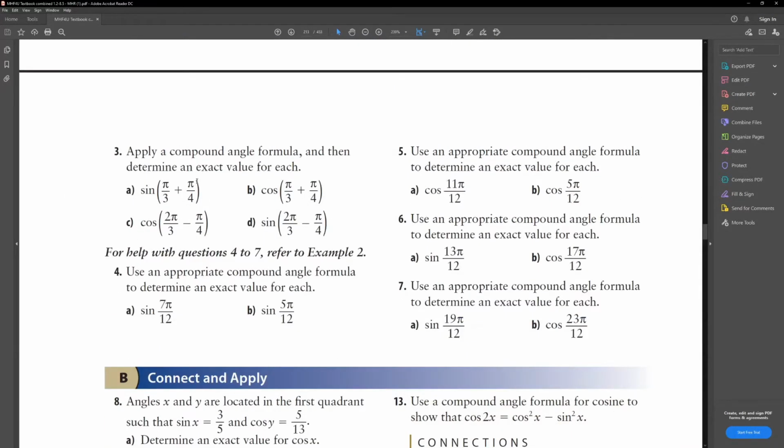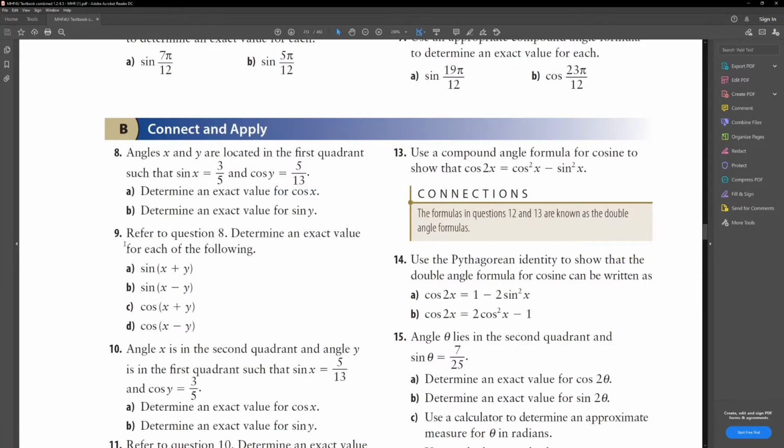Then 3, we've already gone over, so that's not a big deal. The rest of them over here, we've also gone through. 8 and 9 are very similar to the last example we did, except here we're given sine of x and cos of y.